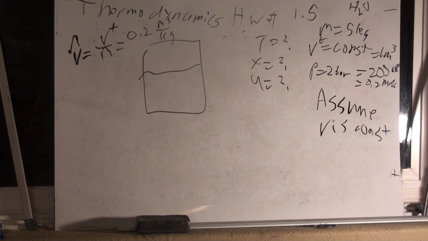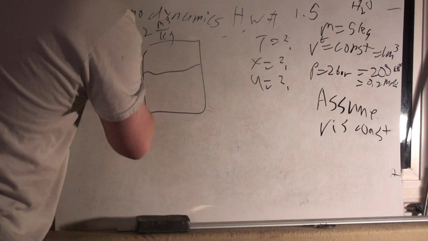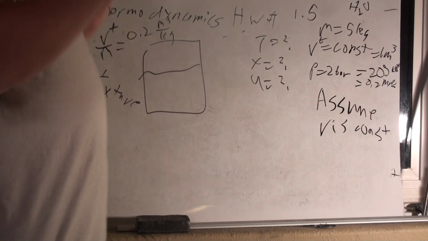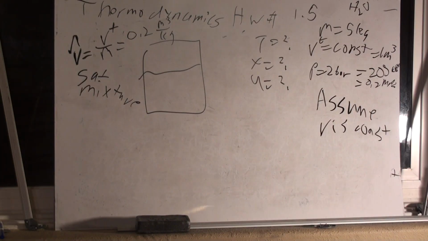Is my 0.2 within the bounds of liquid and vapor? According to my table, my liquid is approximately 0.001, and my vapor is 0.8. Is 0.2 between 0.001 and 0.8? Absolutely. So I'm definitely a saturated mixture. But there's another clue here that tells me I'm a saturated mixture.